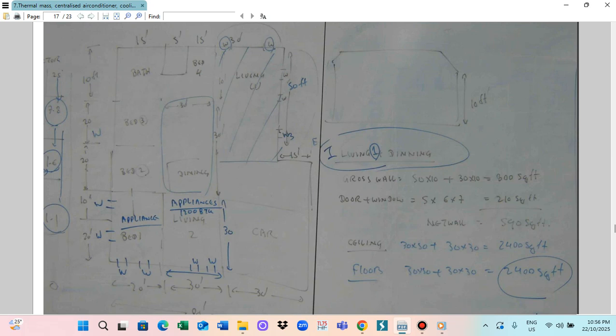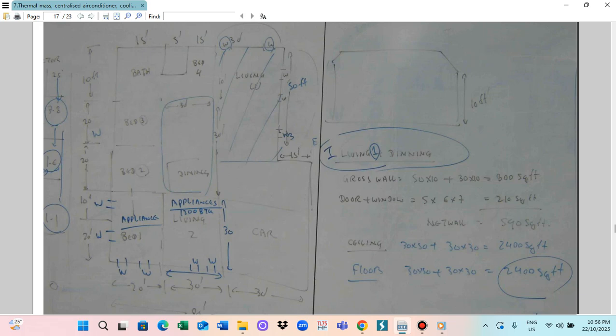And also we can calculate the door and window area. Door plus window. You see the windows here. This is the view. Two windows here, and here you have 3 windows. One view here, another here, another here. So there will be 5 windows. All the view windows have a size of 6 multiplied by 7.